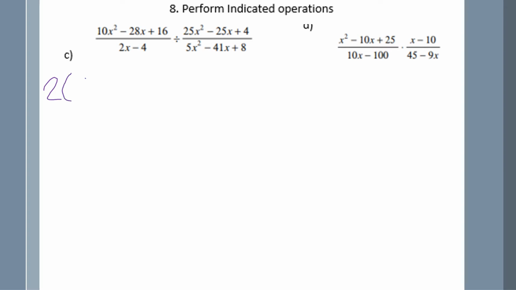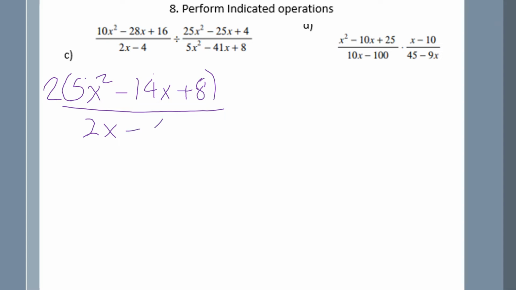So factor that out. That's going to be (5x squared minus 14x plus 8) over (2x minus 4). All right, you keep, you change. We already kept.